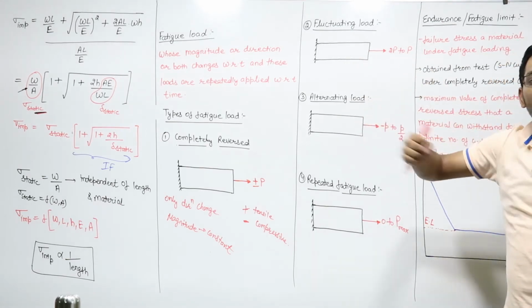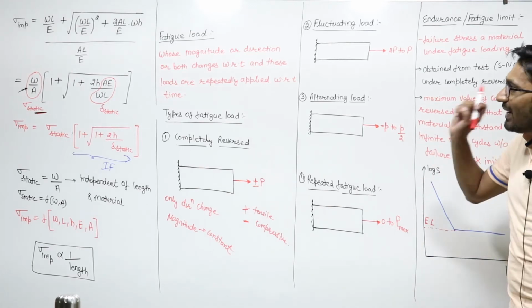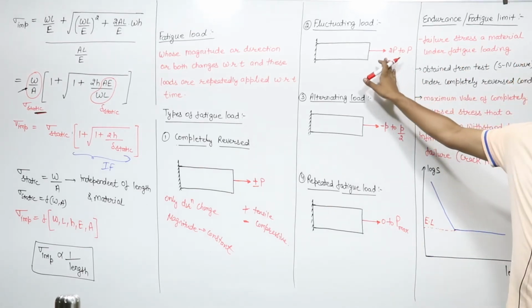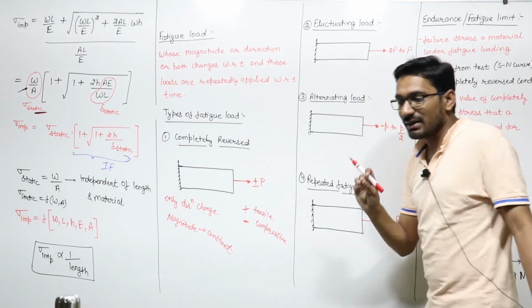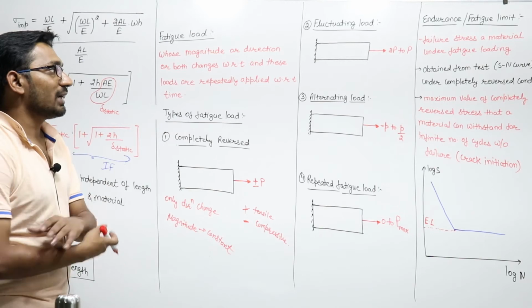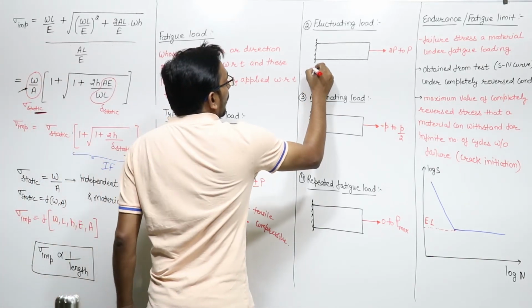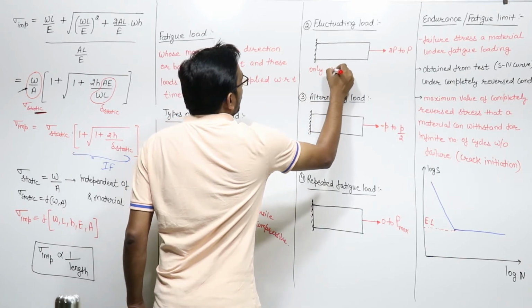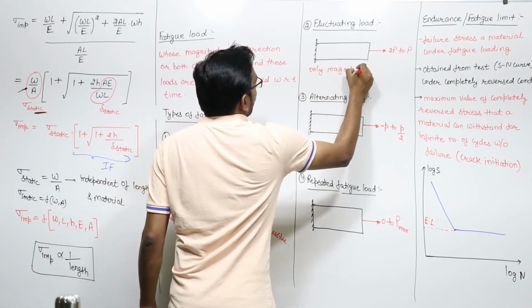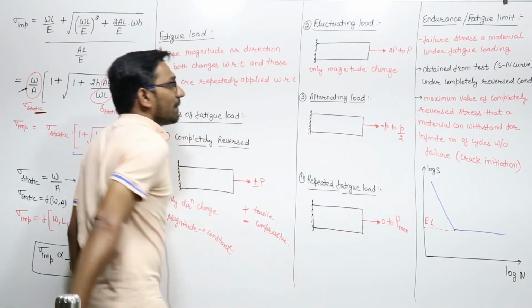The load is always tensile in nature, but the magnitude is changing. This type of fatigue loading is known as fluctuating load, in which only the magnitude changes and the direction remains constant.